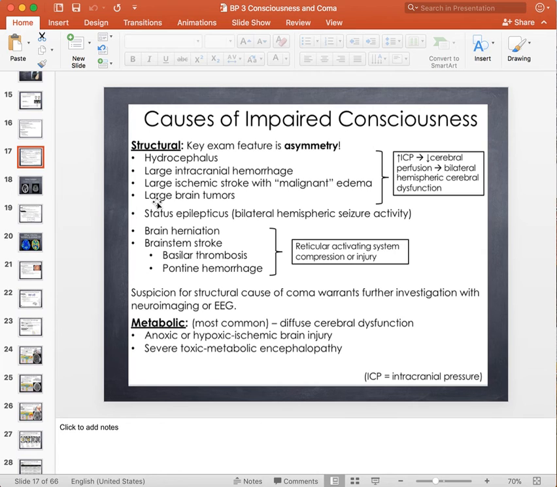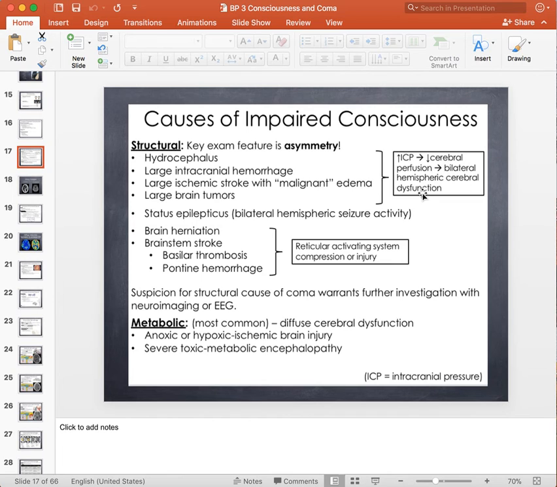Different structural causes of impaired consciousness we can further break down into categories. Those that cause increased intracranial pressure, which we'll talk about in more detail in a moment, which leads to decreased cerebral perfusion. And that structurally can be caused by really big bad things.